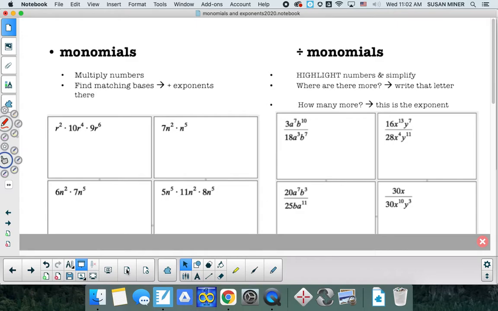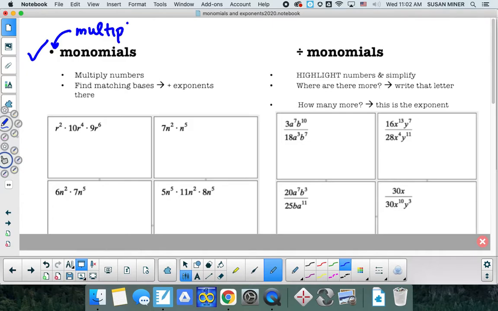The first thing that we're going to do before we move on is factor out these exponents, these monomials, all the way out, so that we can start to see what the rule might be for multiplying and dividing monomials. So we're going to start with multiplying monomials, and this little dot up here means multiply, of course. And whenever I'm multiplying monomials, the very first thing that I want to do is look at if there's any coefficients.